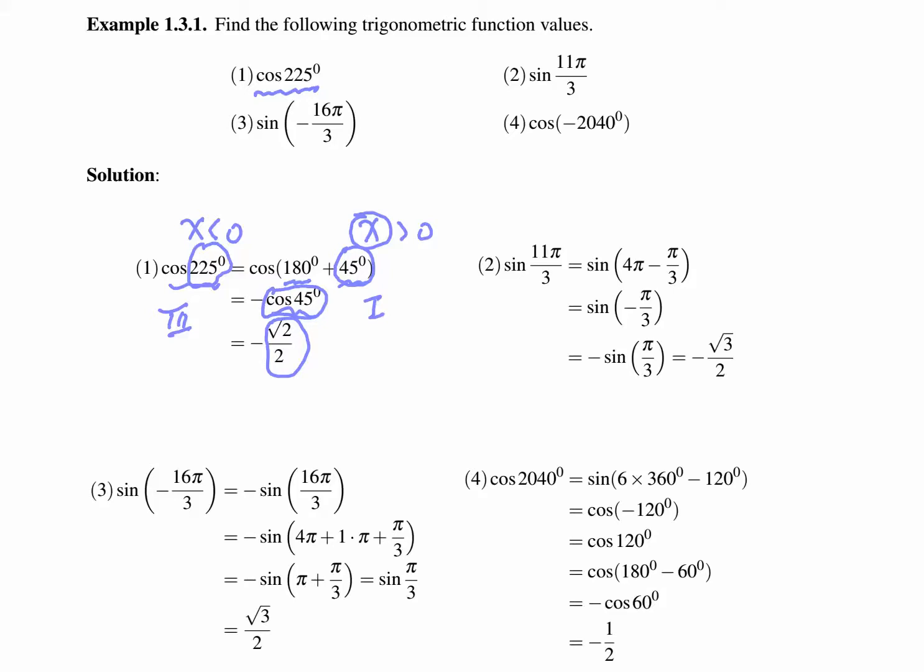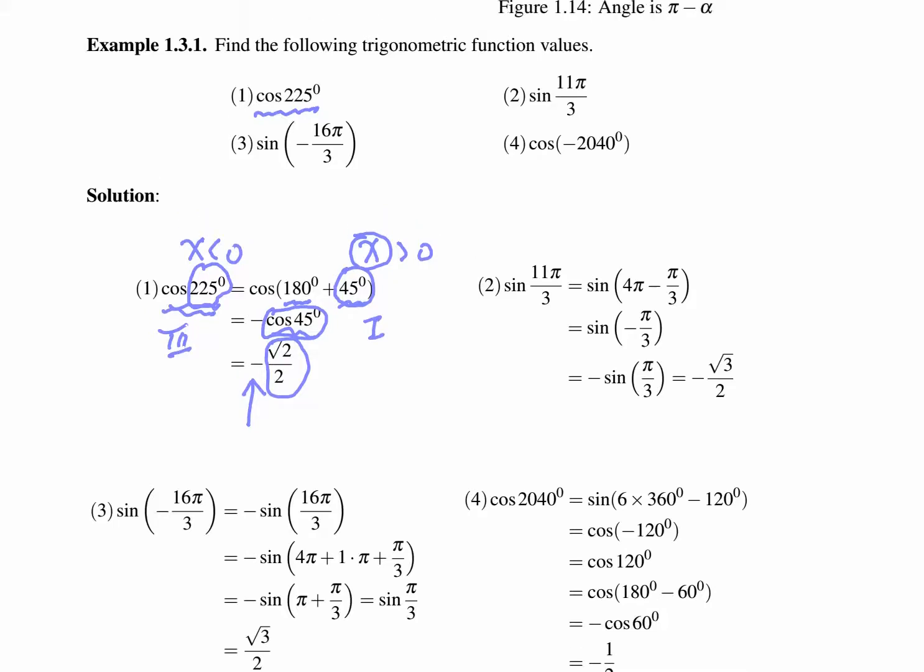Then for an angle in quadrant 3, you should put negative in front of it. That's basically the formula we used.